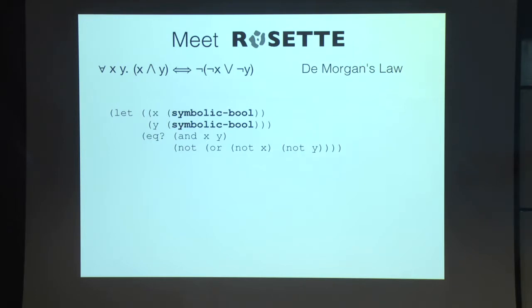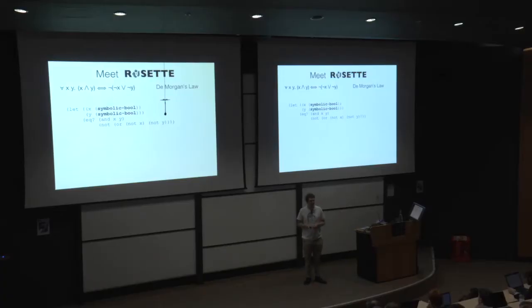So right, it's and(x, y) should be equivalent to not x and not y, or that and negate it. And now that we have the expression, we're going to search for assignments to these symbolic variables such that the expression does not hold. So we're going to search for a counterexample. And this is a pretty long-standing theorem in mathematics, so we don't expect there to be counterexamples.